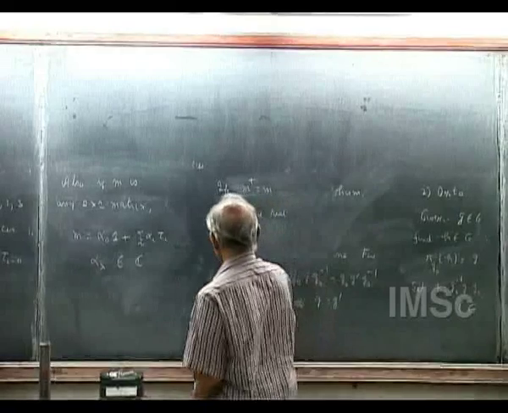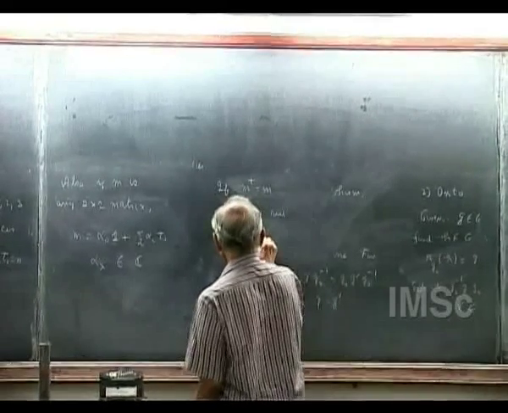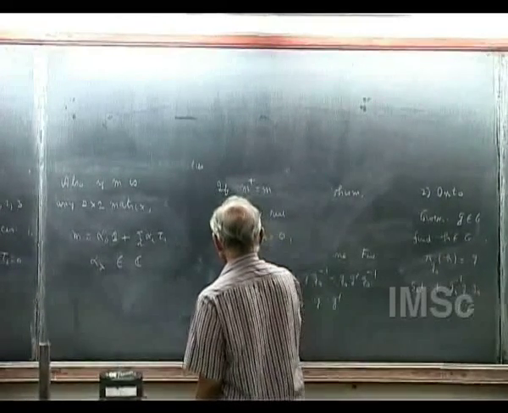If trace M is 0, then we know that alpha 0 is 0.